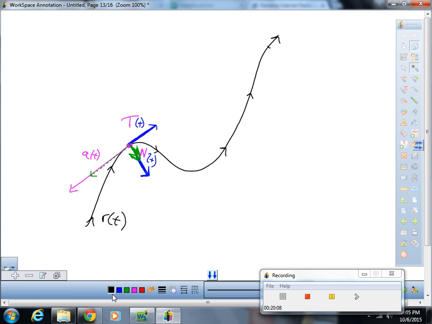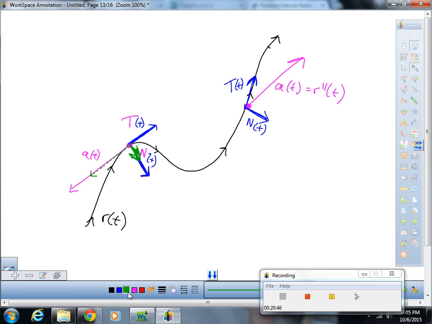So let's say that later on the graph, at a different point in time, our acceleration is more positive. Okay. Well, at that point, we're still going to have some that is tangential, and some of it will also be normal.